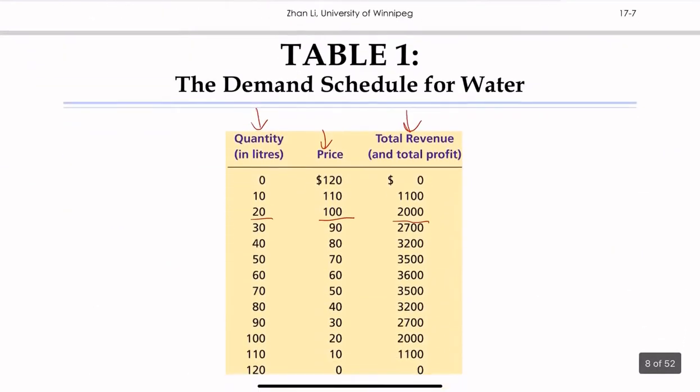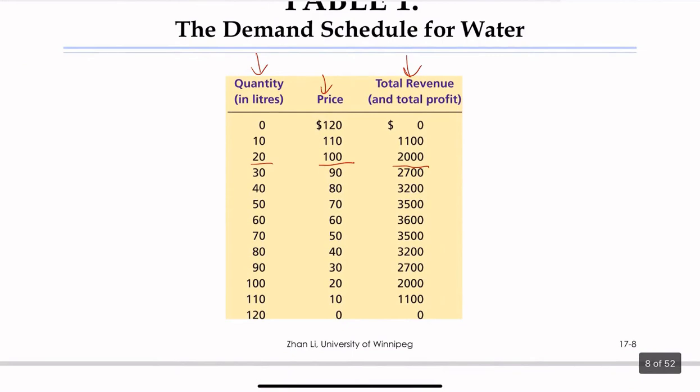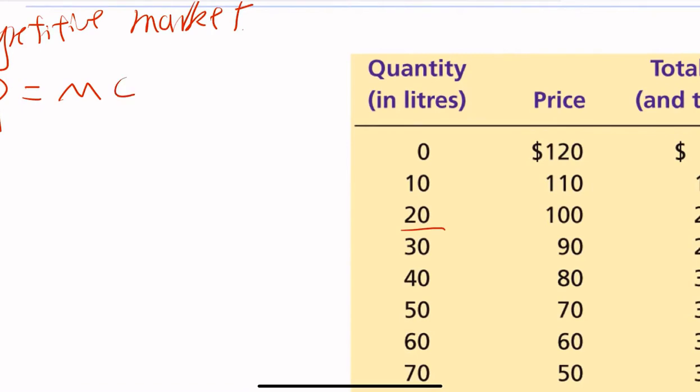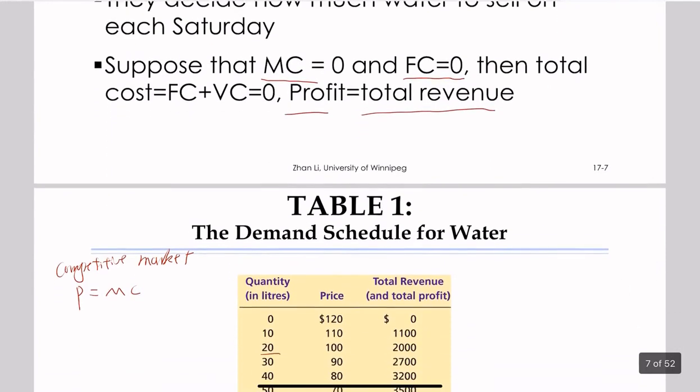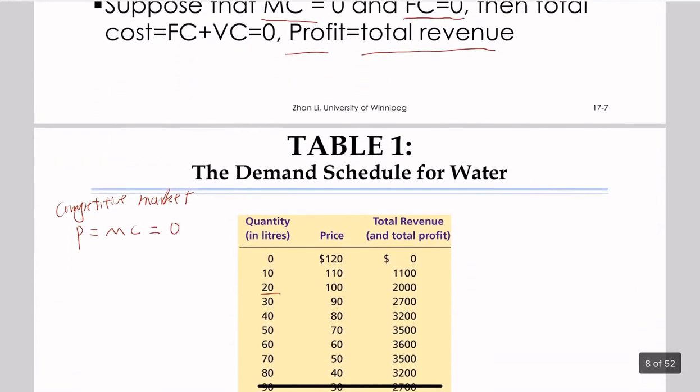So first, let's think about competitive market. So let's assume this is a competitive market. Here, we want to think about what is the price and the quantity. Well, remember, very importantly, for a competitive market, price equals marginal cost. And we have assumed marginal cost equals 0. So price is just 0.